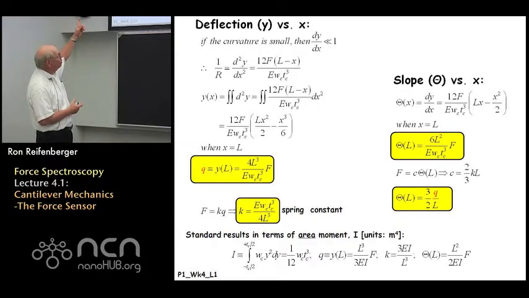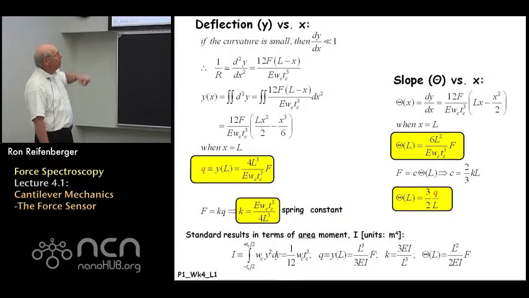On the right-hand panel of this slide, I take the results from the left panel of the slide, and I use those results to predict the deflection of the cantilever as a function of position, and the deflection of the cantilever right at the end of the cantilever. And you can show that the deflection of the cantilever through an angle theta is directly proportional to the force that you apply.